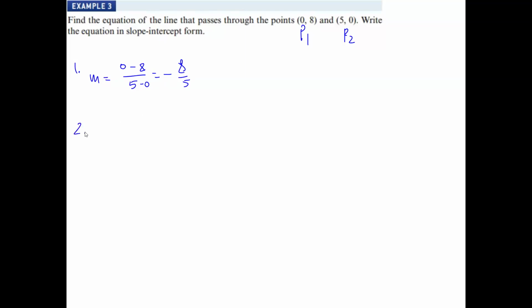Okay, then second step, let's use P1, for example. Oh, P2. Why P2? Because 0 is here. Okay, let's do two options. 2a, we use P1. So y minus 8 equals minus 8 over 5, x minus 0, right? So y equals minus 8 over 5 x plus 8.